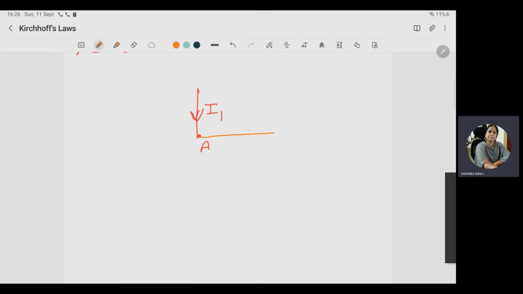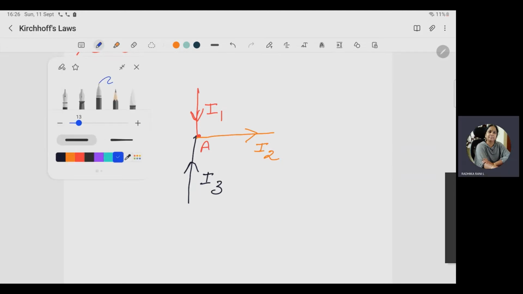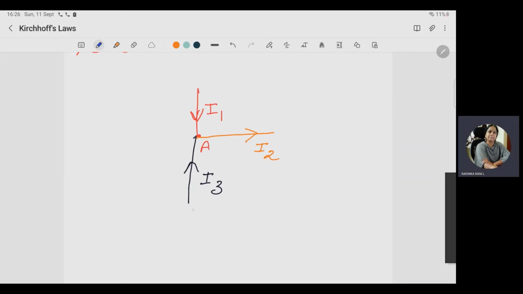This is going away from A, see the arrow mark. Take another current, I3, which is also entering towards the point A. The arrow mark shows the direction of the current.